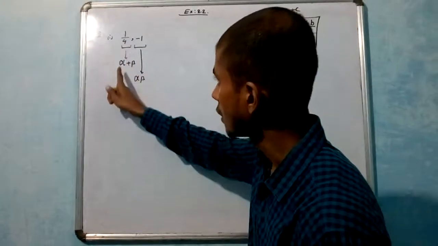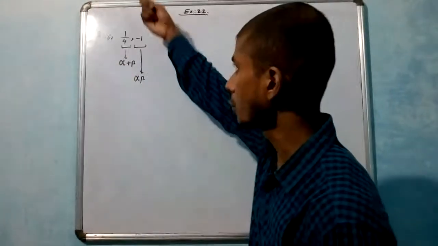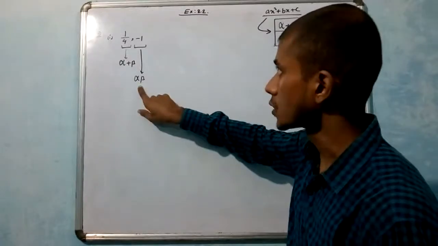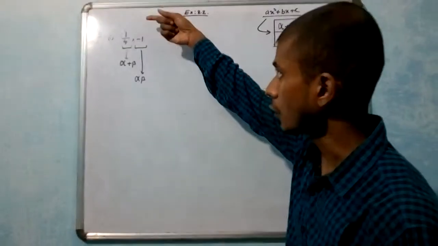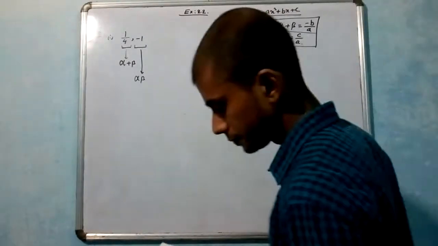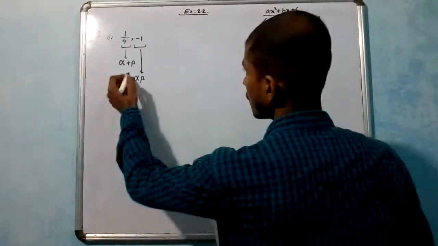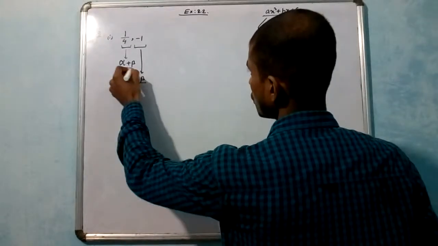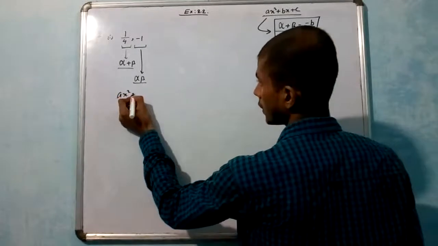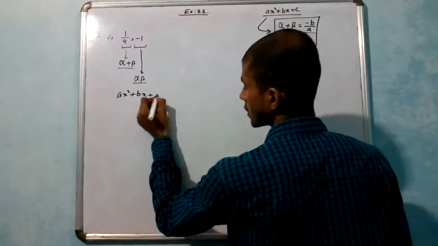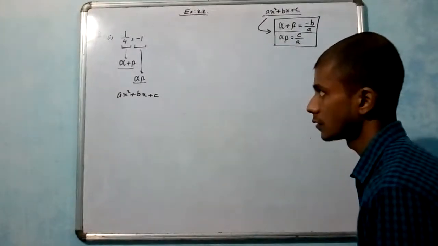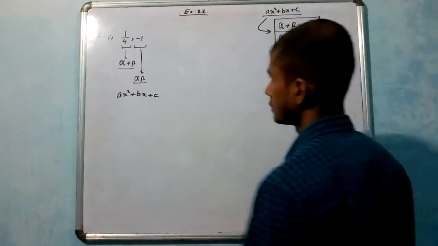So the first one will be the sum of the zeros of some polynomial that we have to find, and the second one will be the product of the zeros of that particular polynomial. Okay, so from this value we have to go to where? To our polynomial ax square plus bx plus c. Okay, understood this? Understood the question?